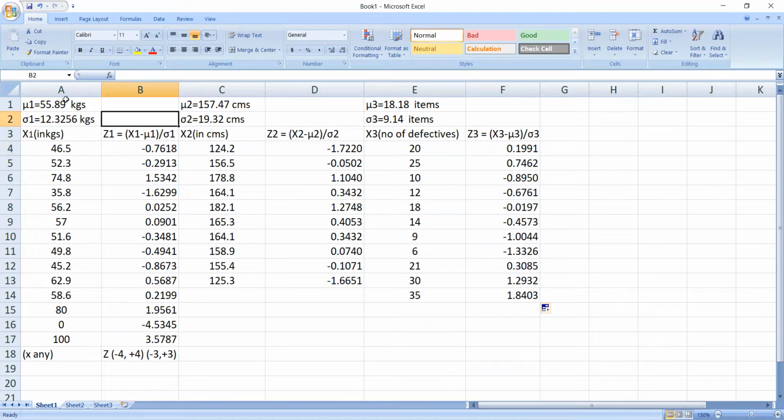See, in the first case, I had x as kgs. So x kgs minus mu kgs divided by sigma kgs, the kgs get cancelled. So your z is a unit free measure. Even in this case, z is a unit free measure. So you can convert a particular x into a same z.